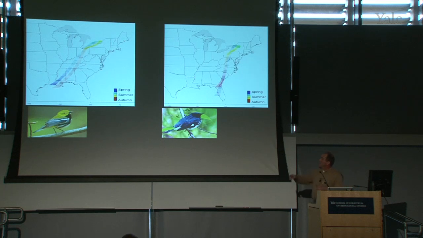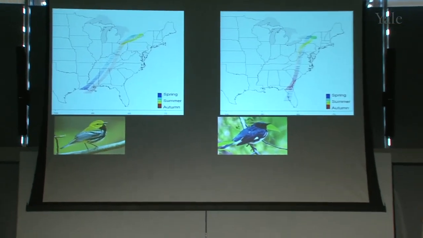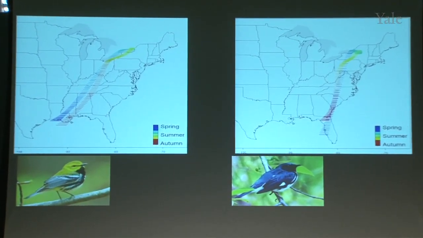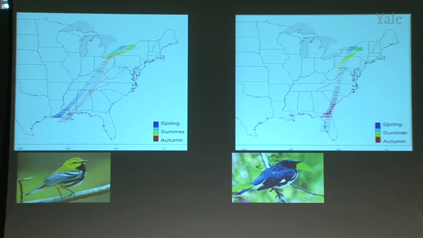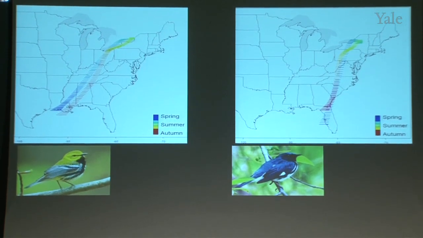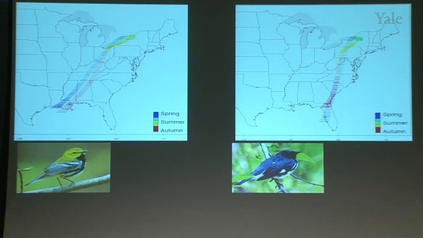And what you see are these plots where the blue line is the daily migration of black-throated green warbler as it moves up into its breeding area, and our population level models show that they move very rapidly, and then the red line shows them coming back down at a much slower rate.